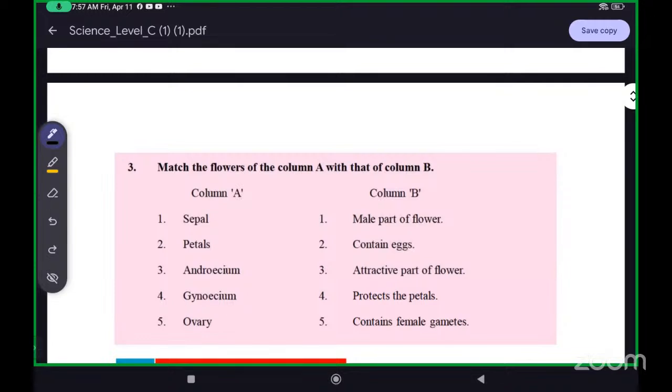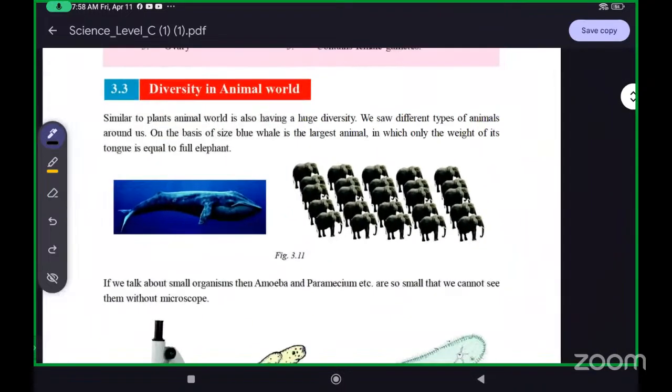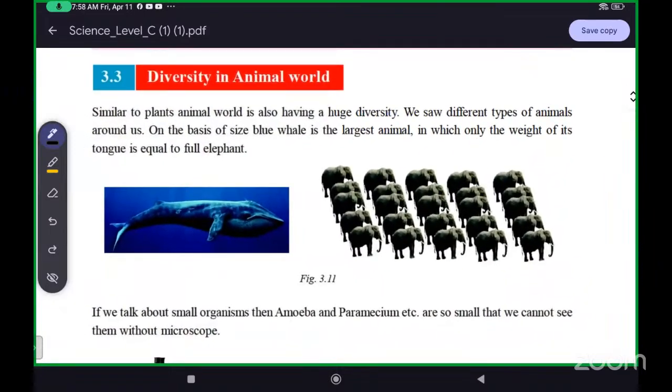Those three things form the female part of the flower, and the male part is anther and filament. The male gametes are found in the anther. Got it now, Abraham? Clear? Yes, ma'am.